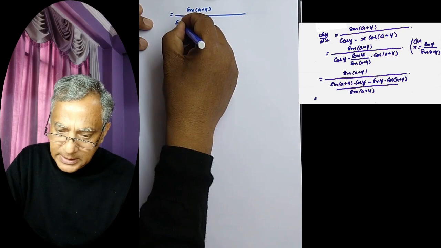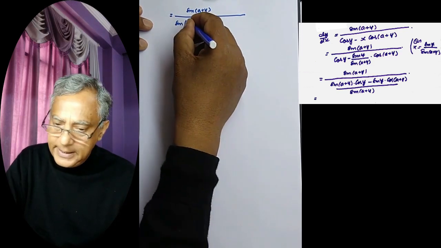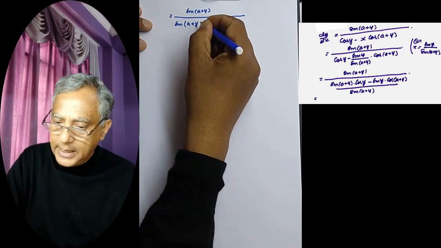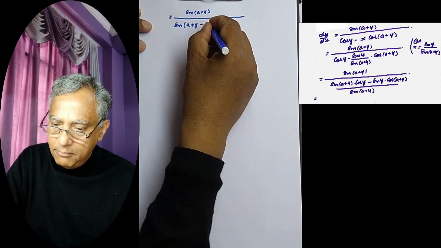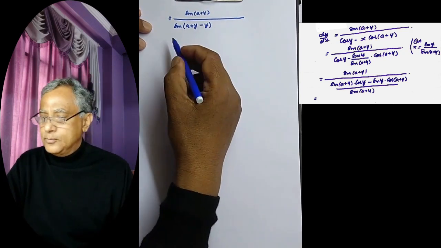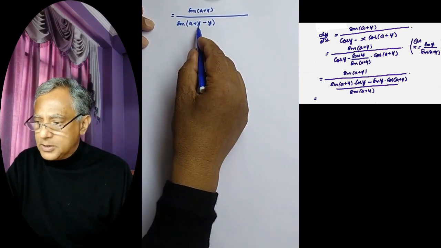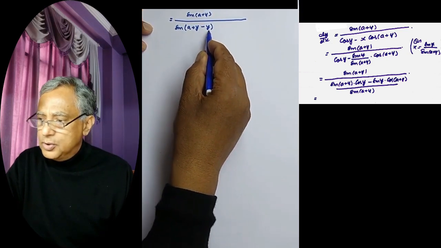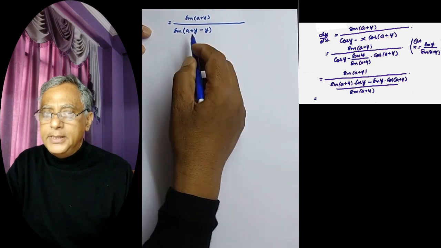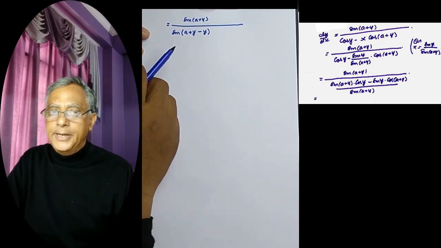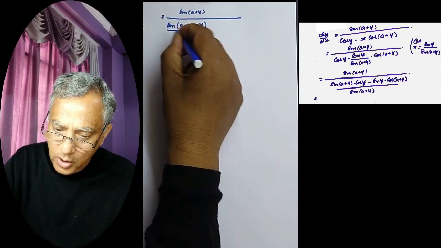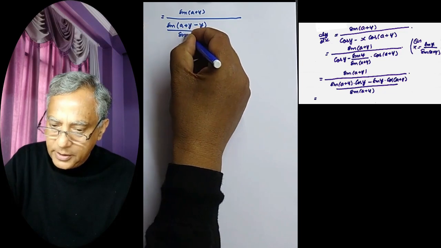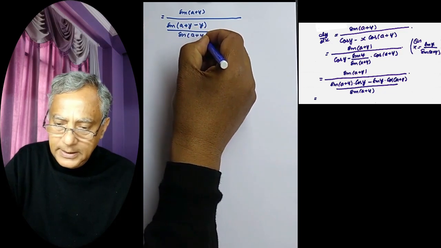So this will be sin of A, where A is a + y, minus B, where B is y. We are getting sin(a + y) cos y minus cos(a + y) sin y. You can see the side sheet. This whole divided by sin(a + y).